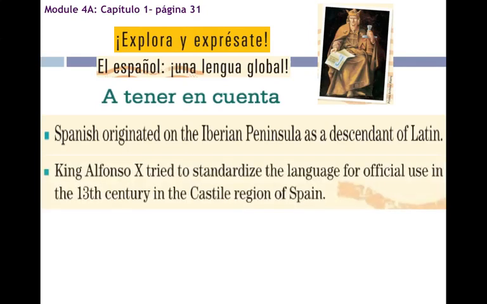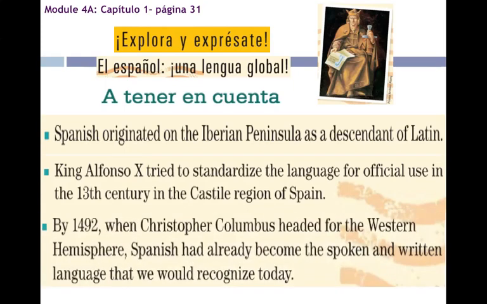It was King Alfonso X who tried to standardize the language for official use in the 13th century, 1200s, in the Castile region of Spain. And it was 1492 when Christopher Columbus headed for the Western Hemisphere. Spanish had already become the spoken and written language that we would recognize today.